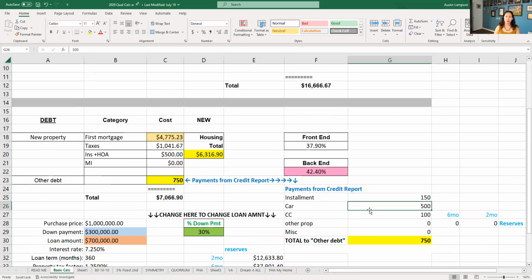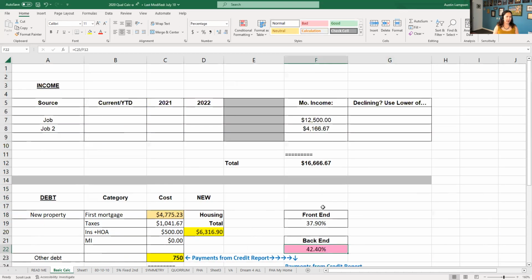Your car loan, lease or purchase, is going to be hit with that actual payment. And then the credit cards is that minimum each month. To be clear, each loan program has different guidelines on how they will calculate this and whether you can exclude it. The intent of this video is to explain your front end and back end ratio and debt to income ratio and how it's generally qualified.